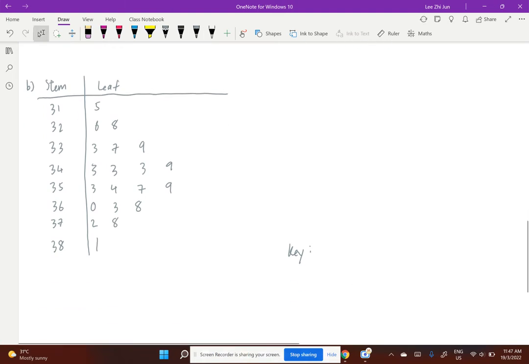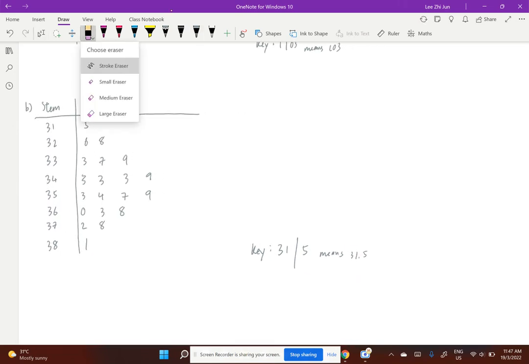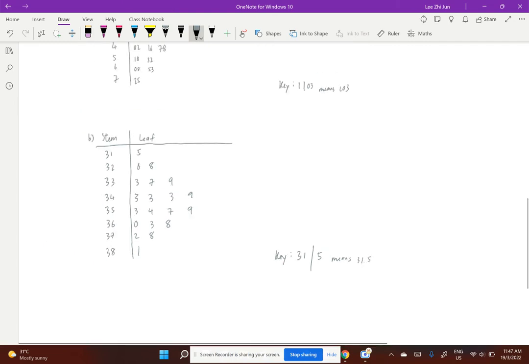So for the key, I take the minimum value: 31|5 means 31.5. So I have completed. So here's the answer.